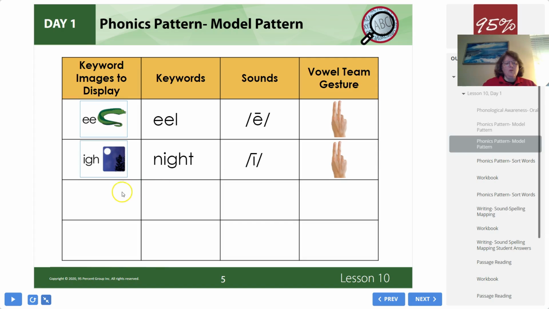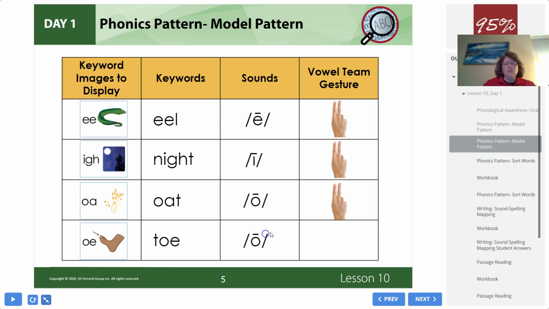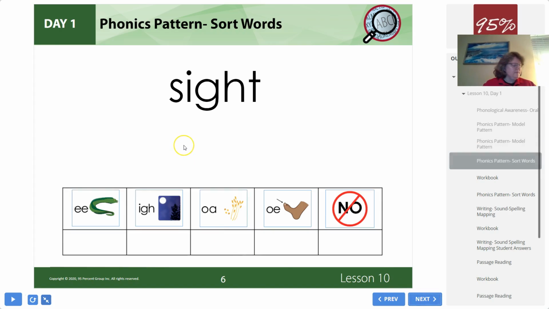Next one is O, like in oat, O, and vowel team gesture. O, like in toe, O, and vowel team gesture.